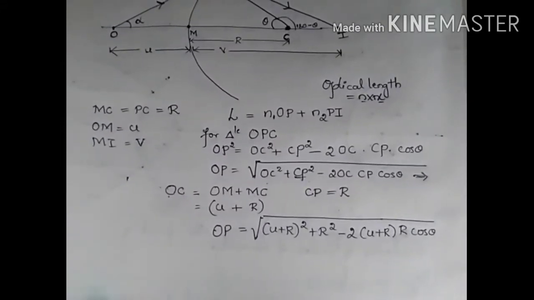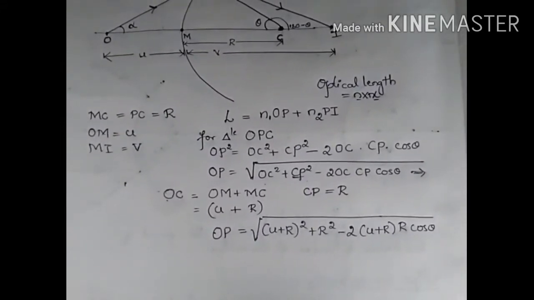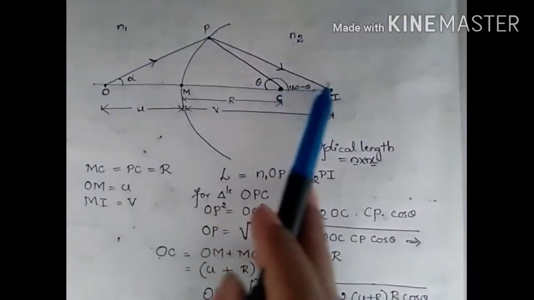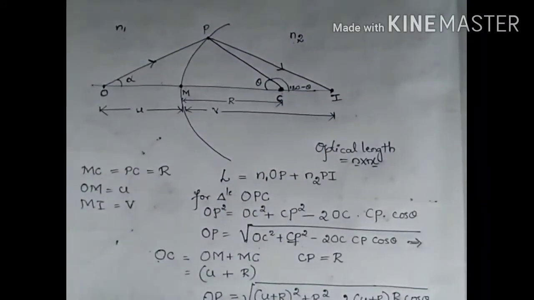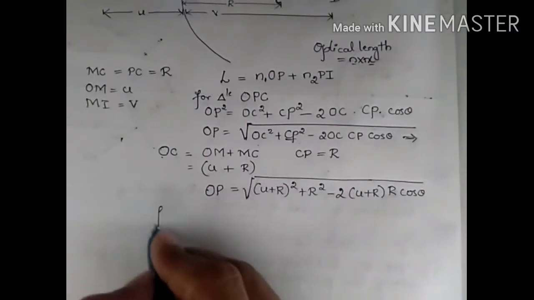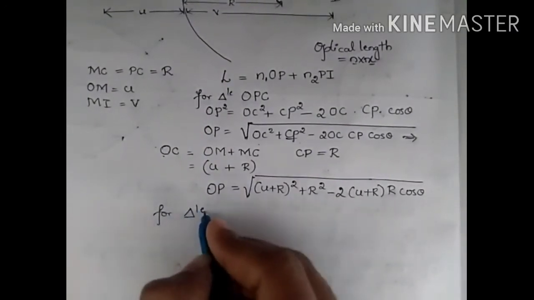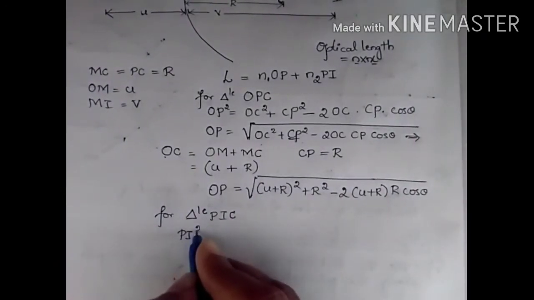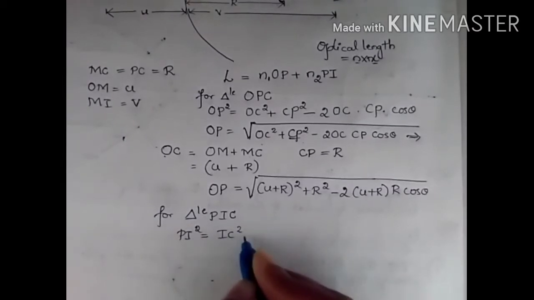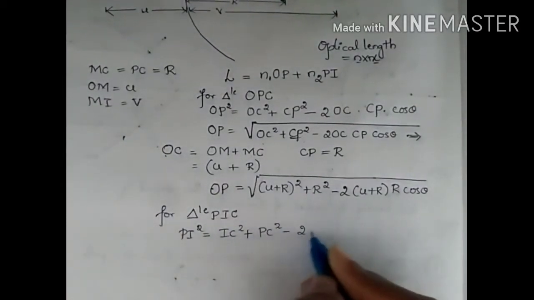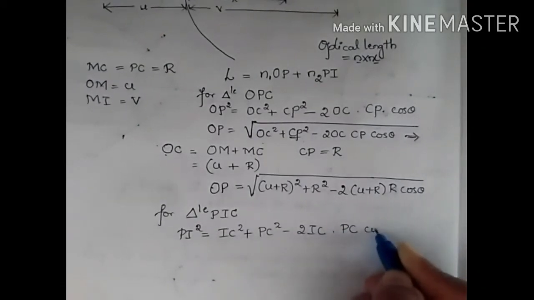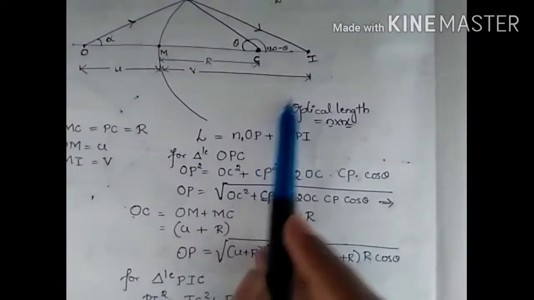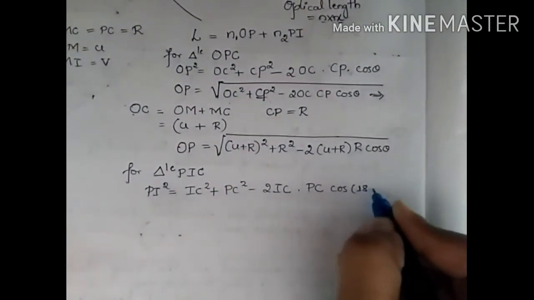Now similarly you have to write the cosine rule for the other triangle, that is PCI. So for triangle PIC, PI square will be equal to IC square plus PC square minus 2 IC PC cos, and here the angle is 180 minus theta.